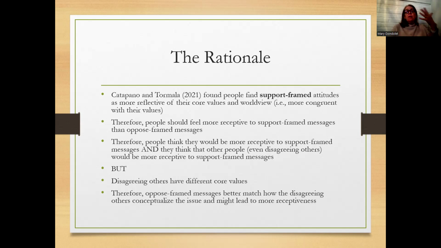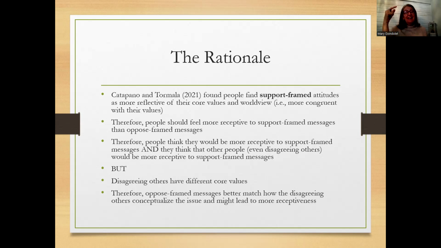And when that happens, they're more receptive to the message they're hearing. So because people realize that they're more receptive to support frame messages, they think other people will be more receptive to support frame messages, even people who disagree with them. And that might be true.